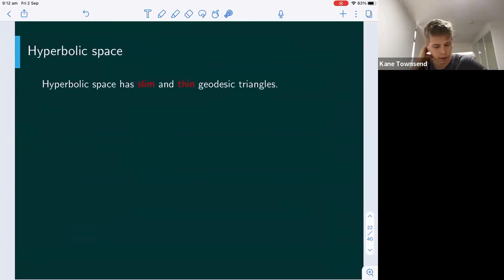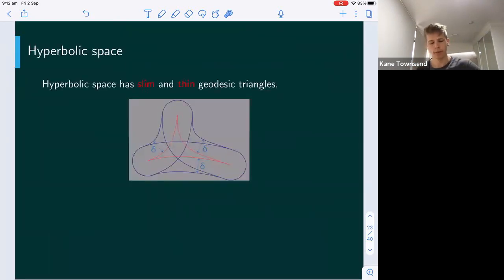So just to clarify what I meant by hyperbolic space, that means that the geodesic triangles in that space are slim or thin. They're both equivalent definitions. So a slim triangle means that the distance from any point on any side is less than delta to some point on another side.